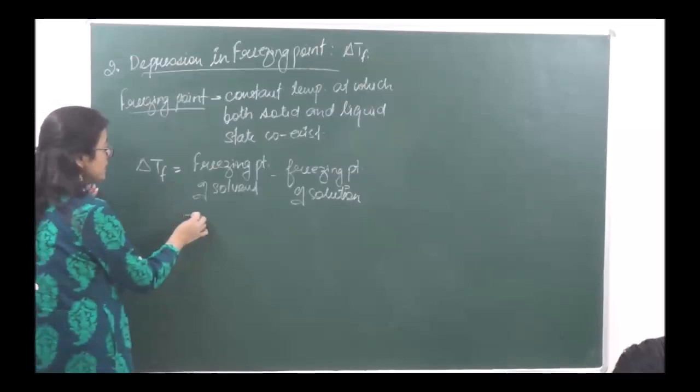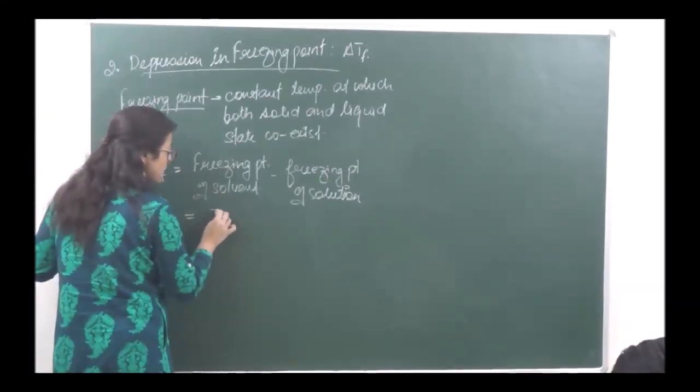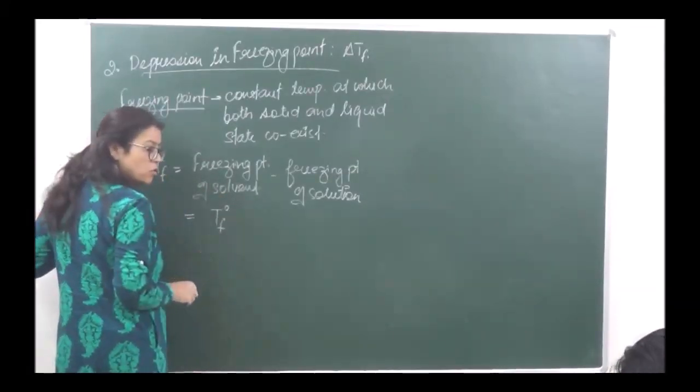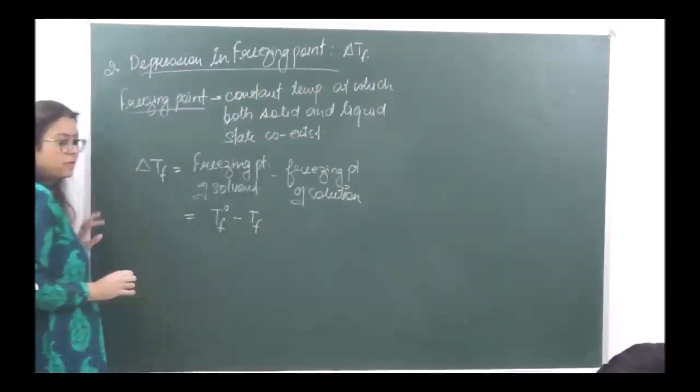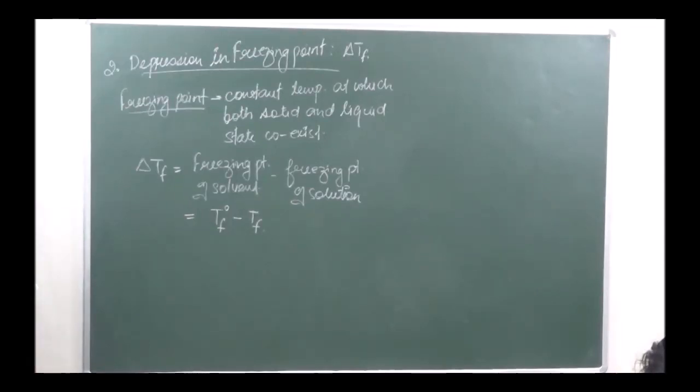So we can write it as the freezing point of the pure solvent, that is Tf naught, minus the freezing point of the solution, that is Tf. So this is what delta Tf is going to be.